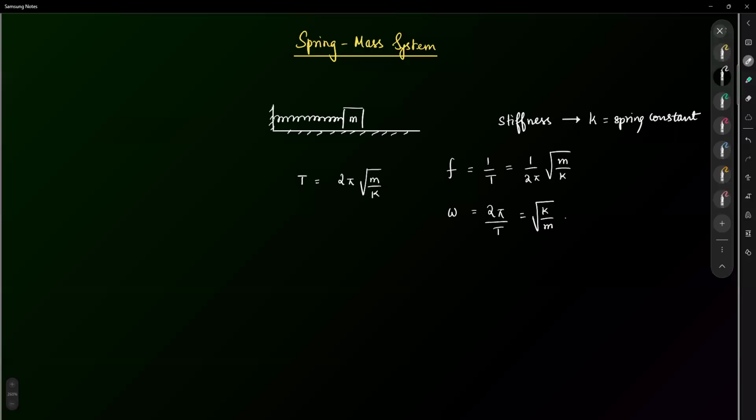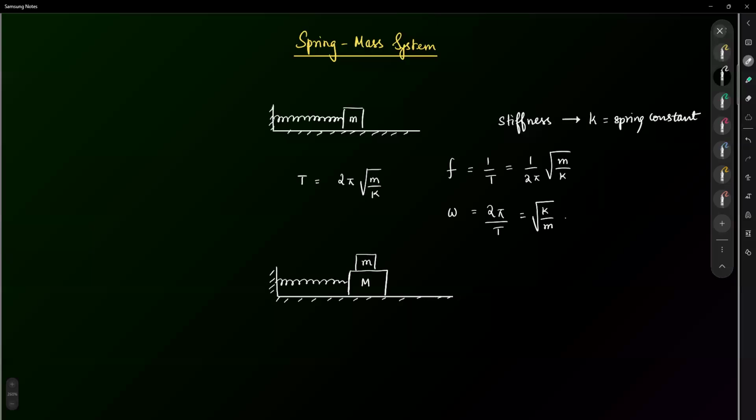Now let us see a concept. Suppose the spring is here and we have two masses. One is kept like this and the other is kept above it.